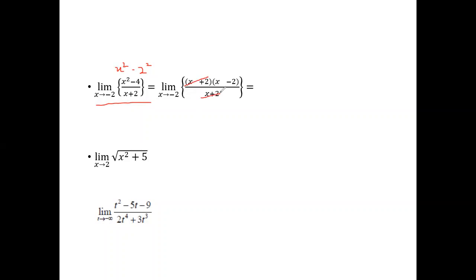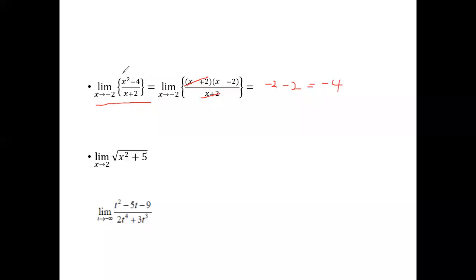Okay, so once we evaluate the limits, that will give us negative 2 minus 2, which will be equal to minus 4. Okay, if we had tried evaluating the limits right from the beginning, that would have given us an indeterminate form.